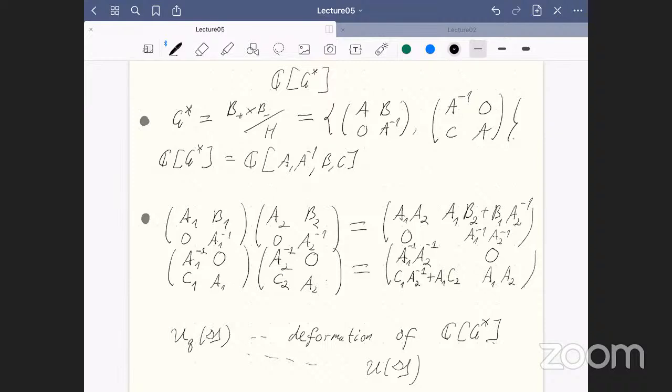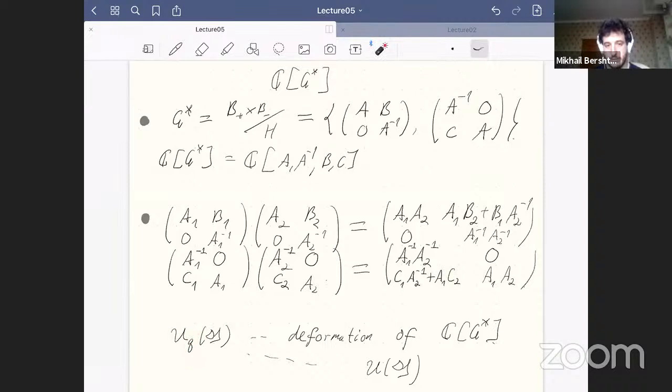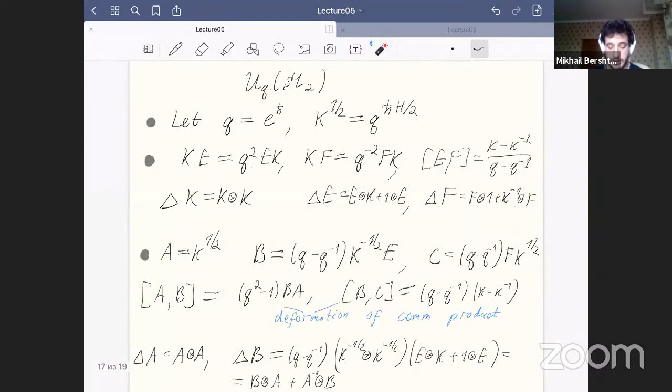Here on the right-hand side, we have the non-deformed product. C of G star is the commutative algebra of these functions, and U_q of G is the algebra of A, A inverse, B and C with these relations. So these relations are a deformation of the commutative product.